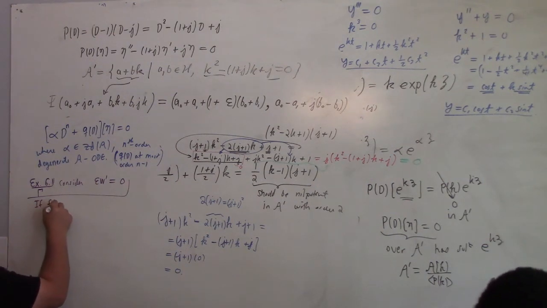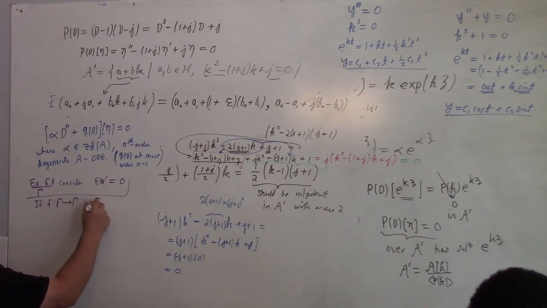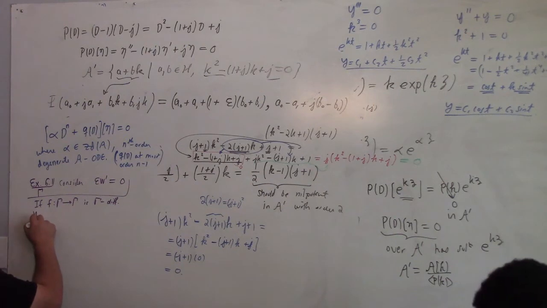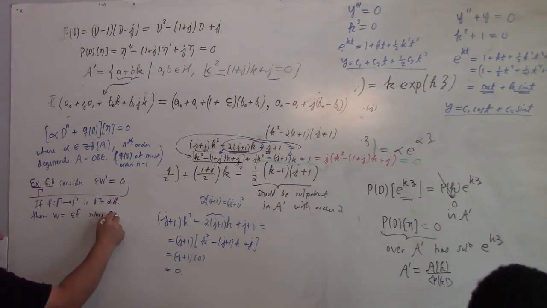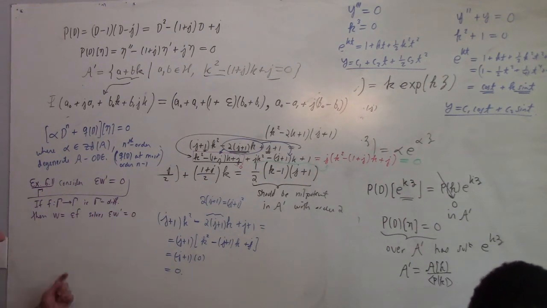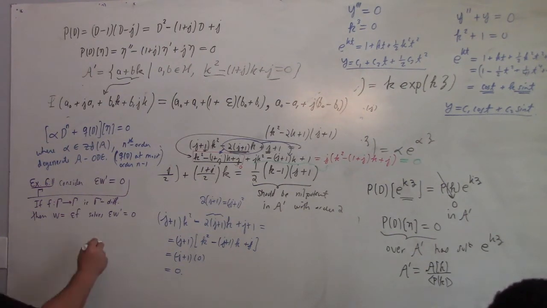If f from gamma to gamma is gamma differentiable, then w equal to epsilon times f solves epsilon w prime equal to 0, because when you plug it in, you get epsilon squared.